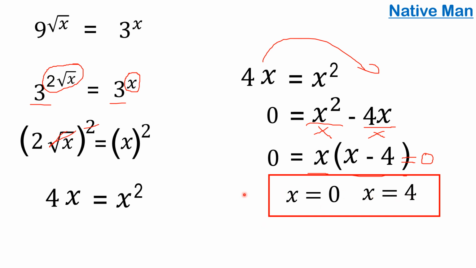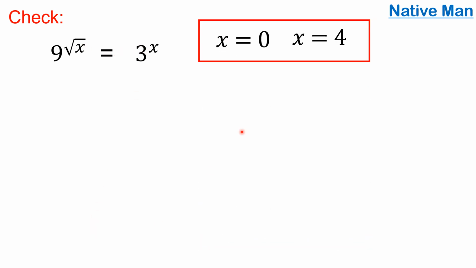So let's check if our answer is correct. To check, get the original equation: 9 raised to square root of x is equal to 3 raised to x. The values of x that we calculated are x equal to 0 and x equal to 4. First we check x equal to 0. We just substitute 0 for the variable x.